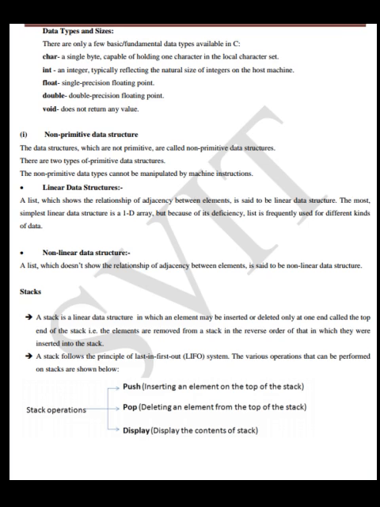The simplest linear data structure is a one-dimensional array, but because of its deficiency, a list is frequently used for different kinds of data. Non-linear data structure. A list which does not show the relationship of adjacency between elements is said to be a non-linear data structure.